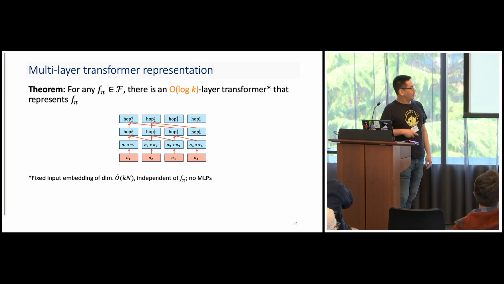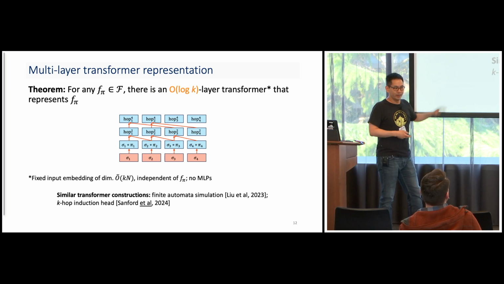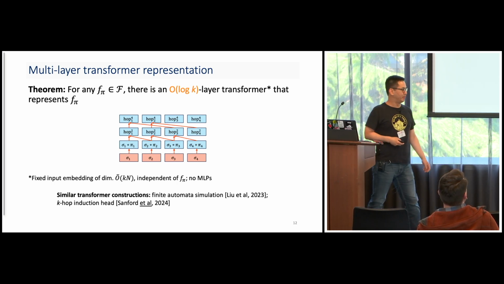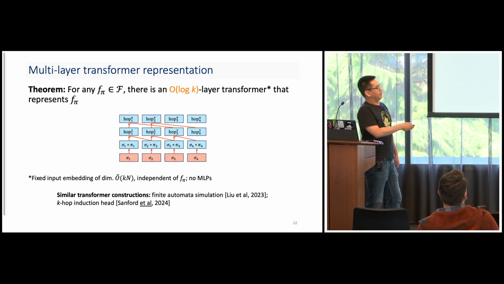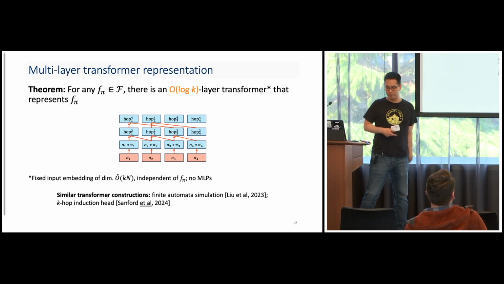This is inspired by a lot of prior work looking at how transformers exploit parallelism in computation. There's a very nice paper by Bingbin Liu and many co-authors on finite automata simulation, and we use very similar ideas in a previous paper.